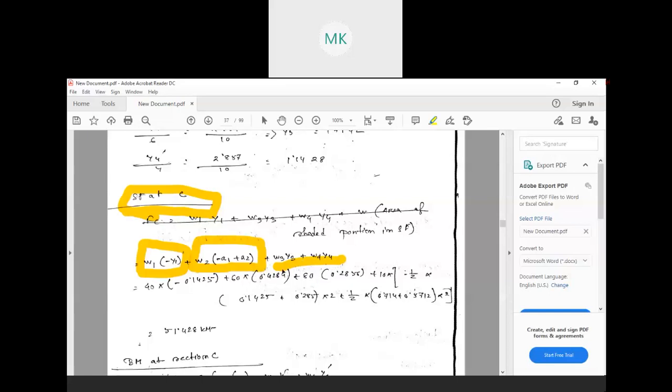We need to consider the trapezium formula for finding the area of the particular region. I think all of you know how to find the area of a trapezium. Just put the values, find the areas, and put everything in here. Just put all these things and you can easily find the value. Okay, is it clear to you?